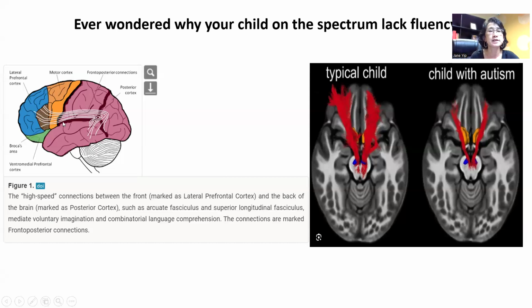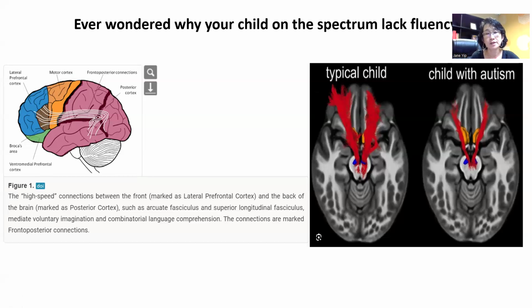So the high-speed connection is seen, marked as the lateral prefrontal cortex, as you can see, connecting the lateral to the frontal posterior, to the language area in Broca, as well as in the ventromedial and prefrontal cortex. And this is one of the reasons that a nonverbal ASD individual lack fluency.